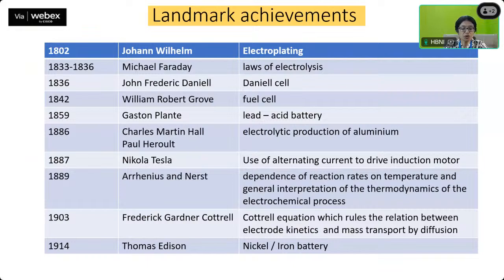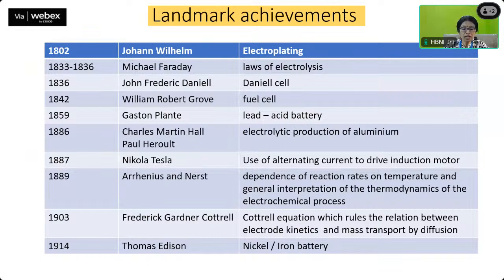Then in 1886, Charles Martin Hall and Paul Héroult demonstrated the electrolytic production of aluminium. Then Nikola Tesla in 1887 demonstrated the use of alternating current to drive an induction motor. Arrhenius and Nernst in 1889 stated the dependence of reaction rates on temperature and the general interpretation of the thermodynamics of electrochemical processes.